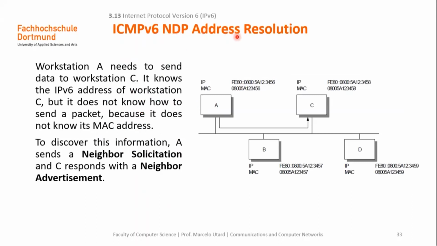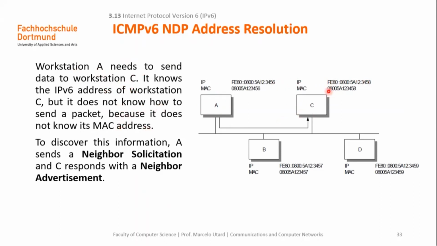perform an address resolution. When we talk about address resolution, for instance, in this case, this host needs to send a datagram to this other host. Workstation A needs to send data to C. It knows the IP address, but it doesn't know how to send the packet because it doesn't know its MAC address.